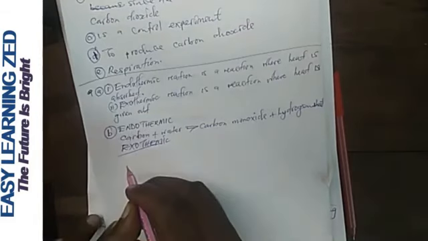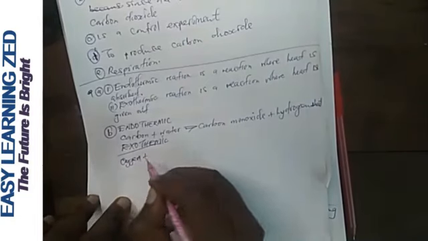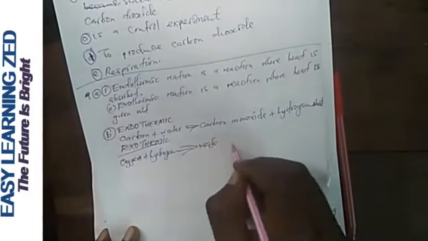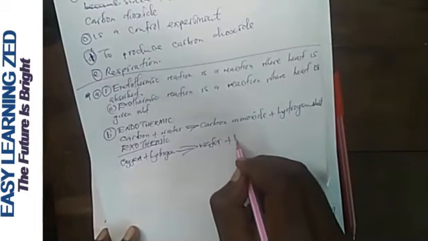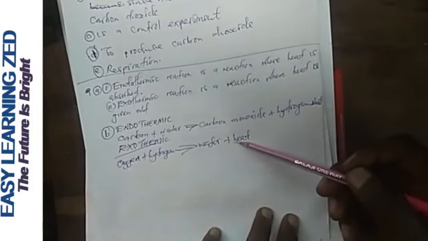Oxygen plus hydrogen gives you water and gives out heat. Here, under endothermic, heat is absorbed; here, heat is given out.